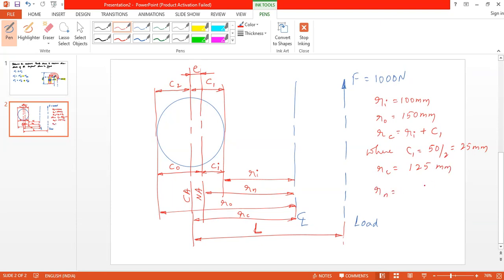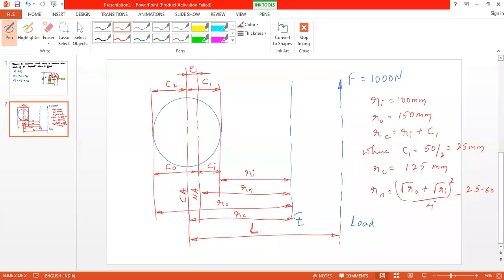And what is Rn? For Rn, we have an equation: Rn is equal to the square of root of R naught plus root of Ri, whole divided by 4. This is from equation 25.60. So from this equation, you can get the value of Rn. Can you calculate the value of Rn?